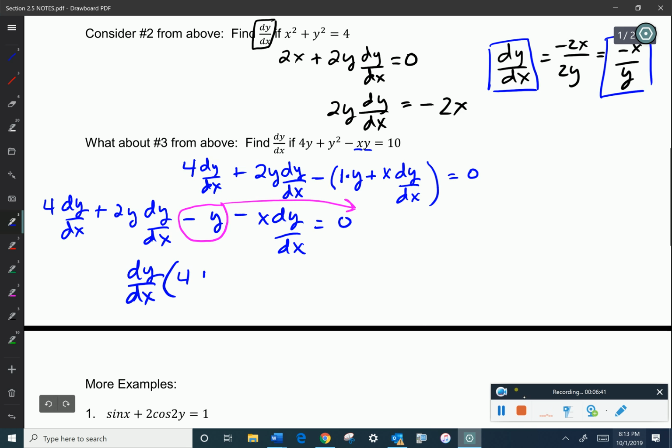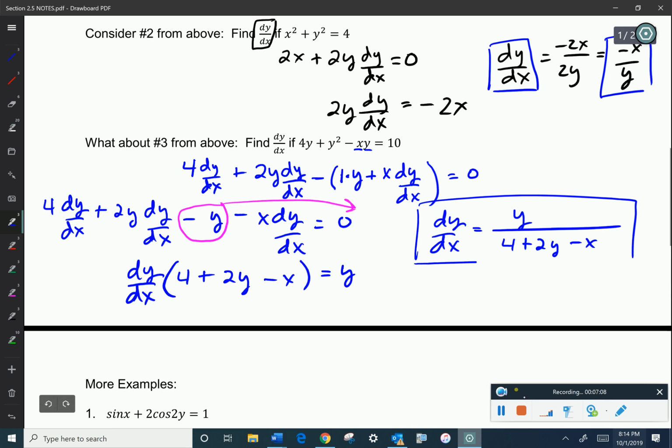I would have 4 plus 2y minus x, and then on the right I'm just going to have my positive y. So if we're trying to solve for dy/dx, wouldn't I just divide both sides by that entire parenthesis? So I'm going to get dy/dx equals y all over 4 plus 2y minus x.